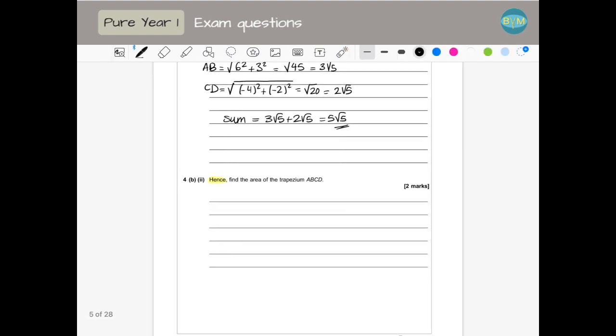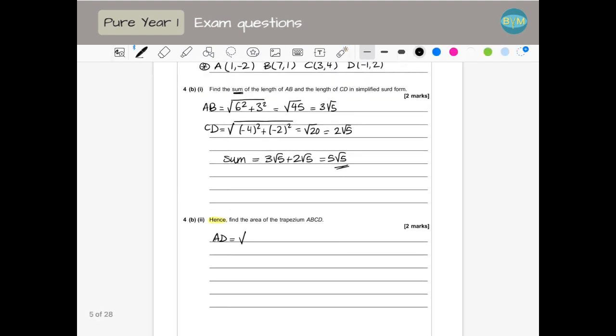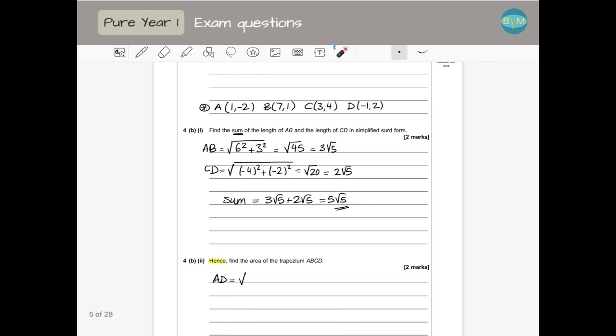AD is going to be the square root of the difference in x, so -1 minus 1, -2 squared, plus 2 minus -2 is 4 squared. So I have again root 20, which is 2 root 5.